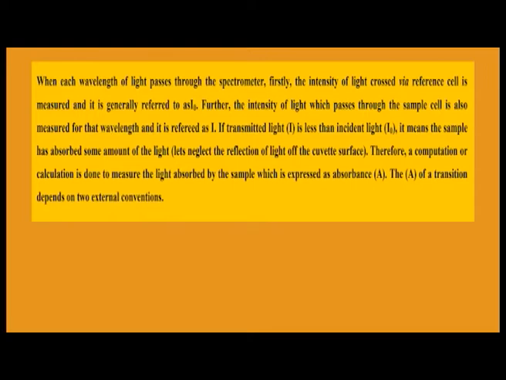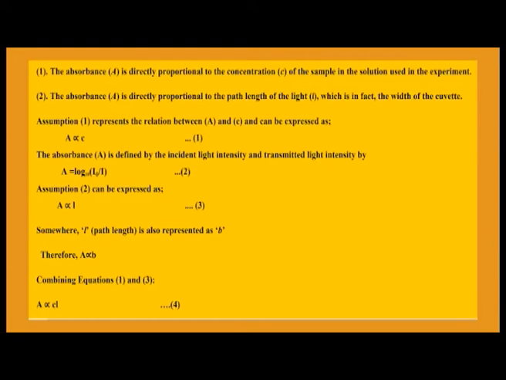Therefore, a calculation is done to measure the light absorbed by the sample, which is expressed as absorbance A. The absorbance A depends on two external factors. First, the absorbance A is directly proportional to the concentration of the sample in the solution used in the experiment, and the absorbance is directly proportional to the path length through which the light is passing. This means the absorption of light depends on the absorbing molecules.